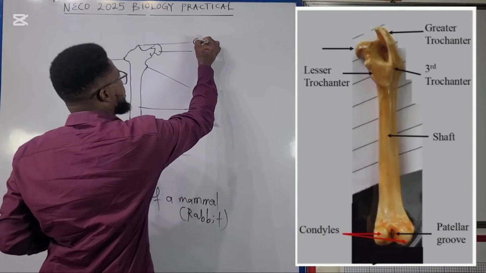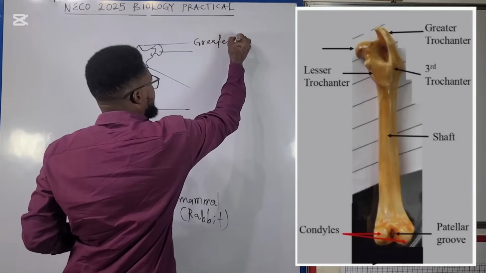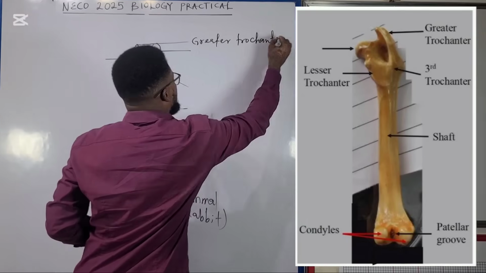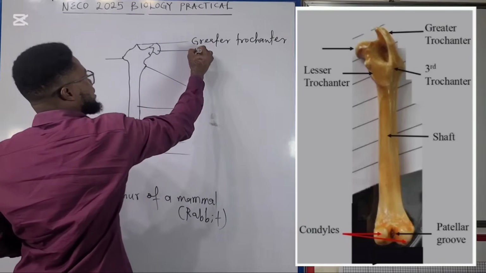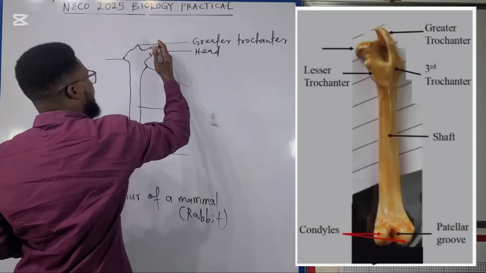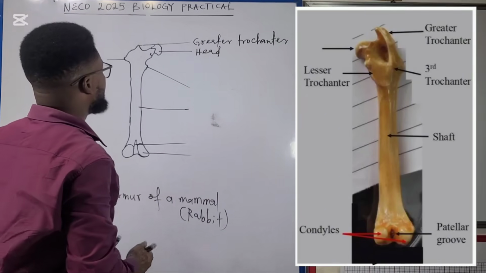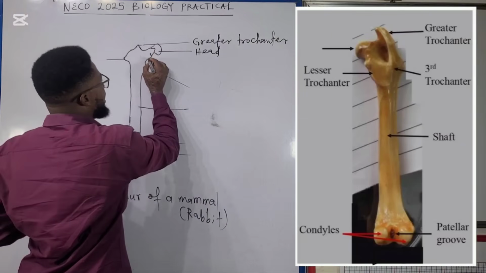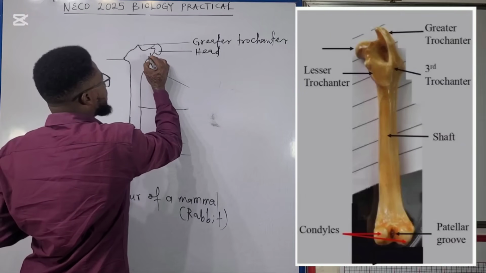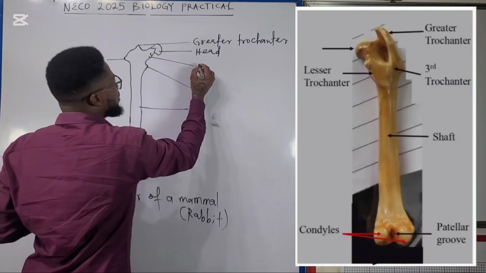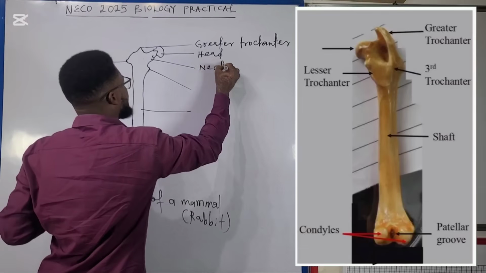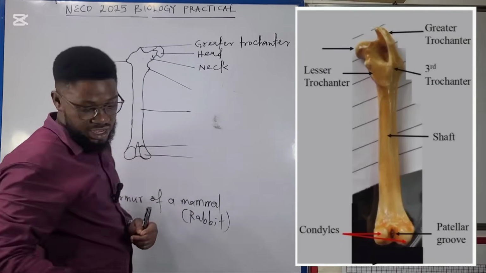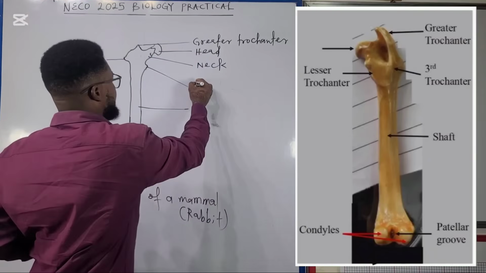So this here is the greater trochanter. This here is the head, the point of articulation with the hip to form the hip joint. Okay, this here is the neck. This on the inner side is the lesser trochanter.